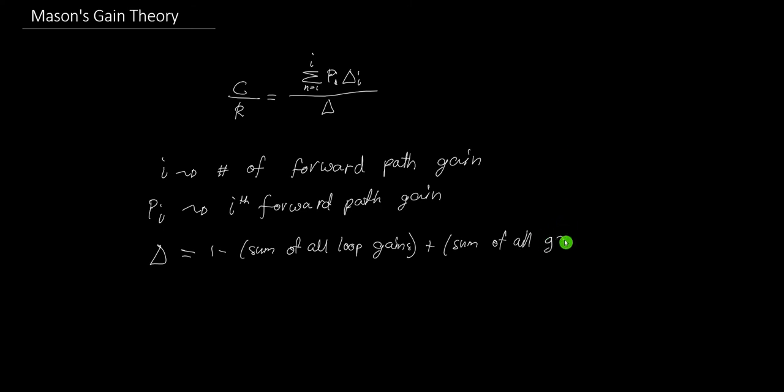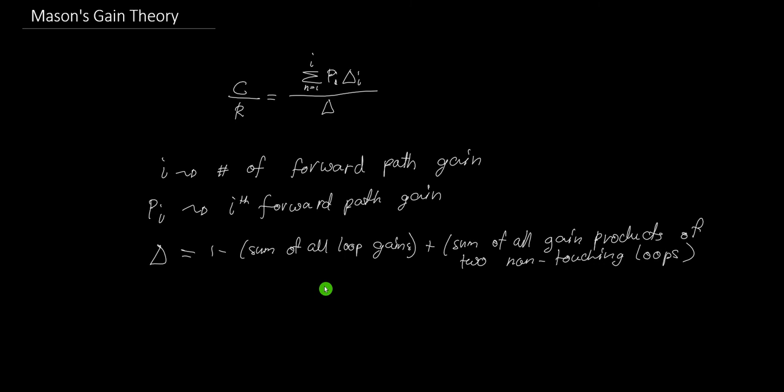gain products of two non-touching loops. We already know what non-touching loops are. So you sum all the products of these two non-touching loops, and this goes here. Then continue.